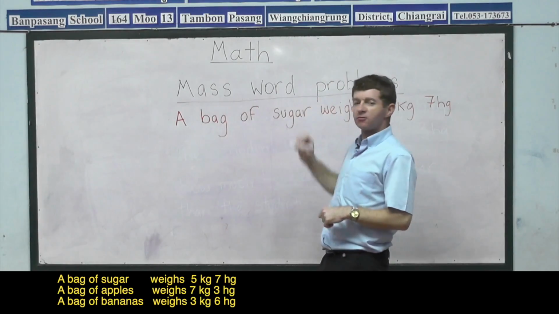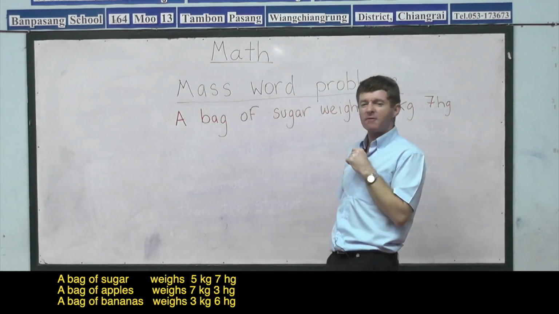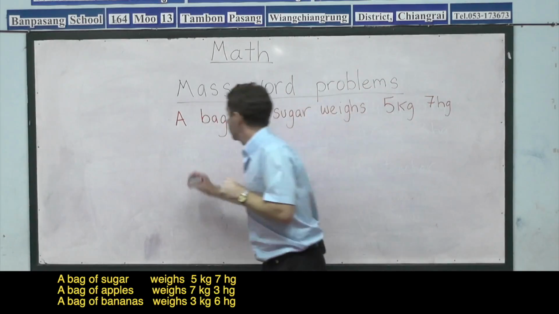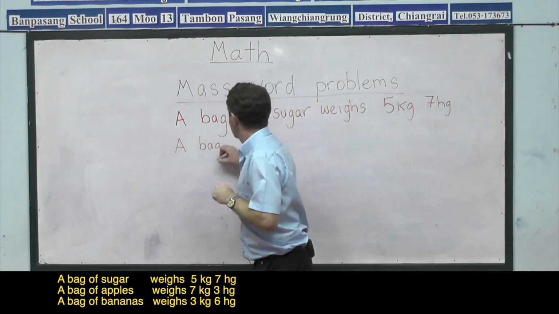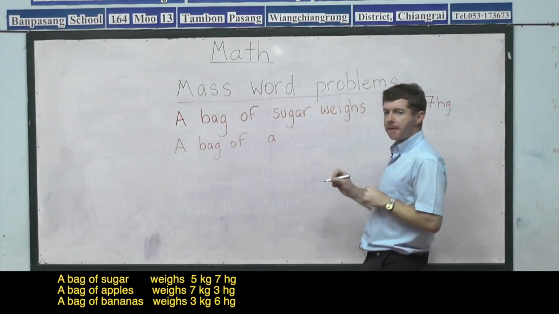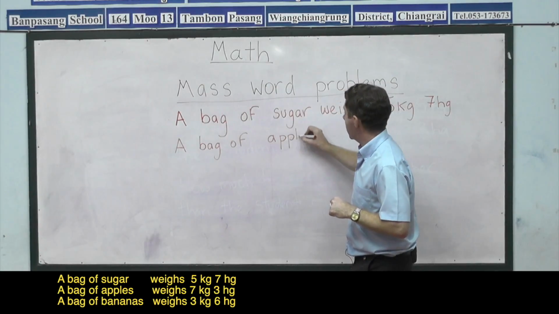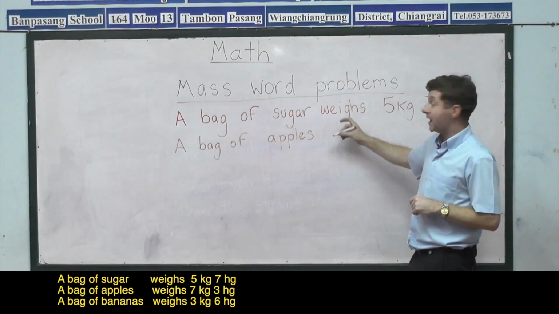We have a bag of sugar. What next? We have sugar. What should we have else? A bag of apples. Okay. A bag of apples. How do we spell apples? A-P-P-L-E-S. Weighs.